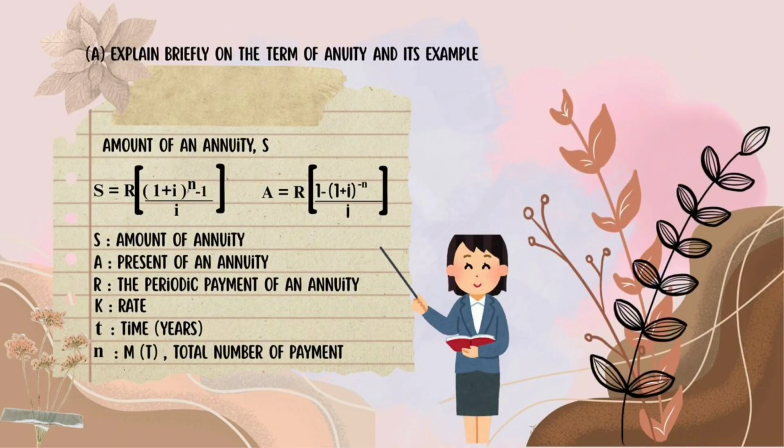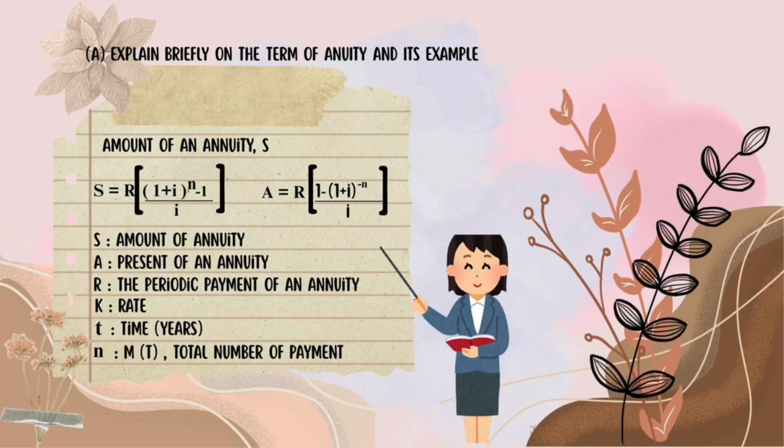Question 3A is explain briefly on the term of annuity and its example. Amount of an annuity S equals R [(1 plus i) to the power of n minus 1] per i.